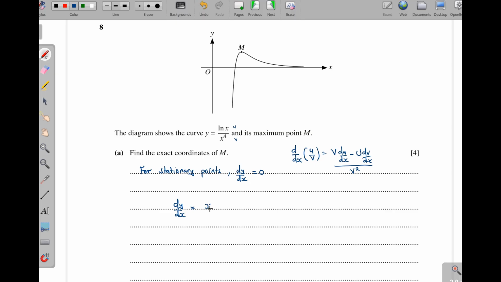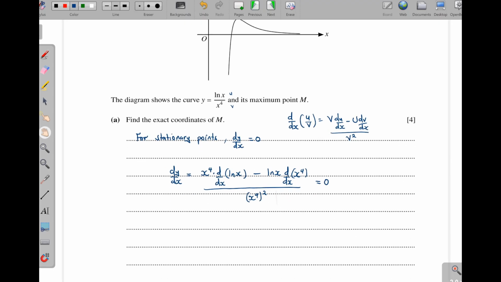So v is x to the power of 4, times the derivative of the natural log of x, minus u, which is the natural log of x, times the derivative of x to the power of 4. Then after that, you get this x to the power of 4, and you square it. But then we shall equate to 0.